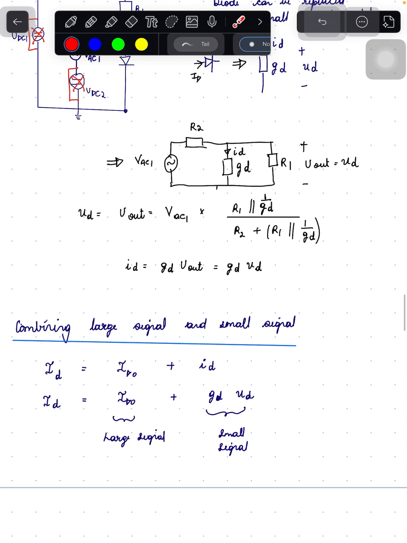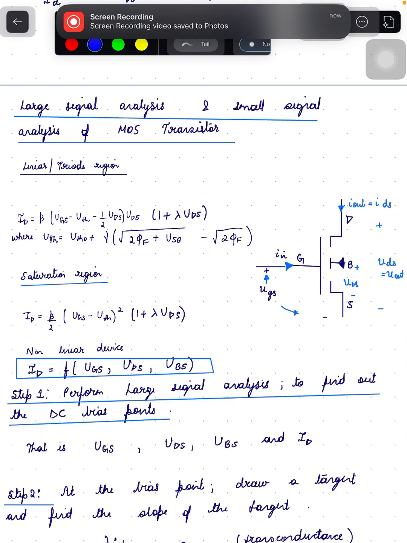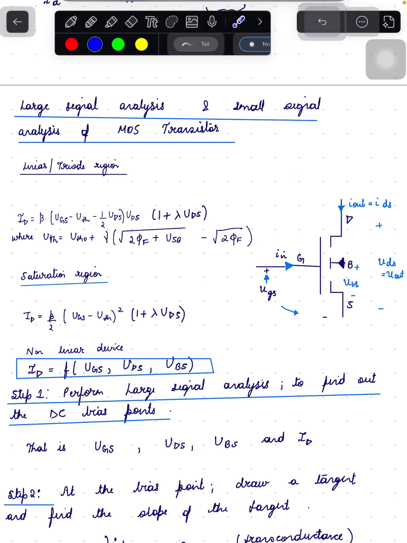Now combining the large and small signal analysis, the current flowing through the diode, ID, equals ID0, that is the current obtained from large signal analysis, plus small ID, that is the current obtained from the small signal analysis. Large signal analysis and small signal analysis of MOS transistors.